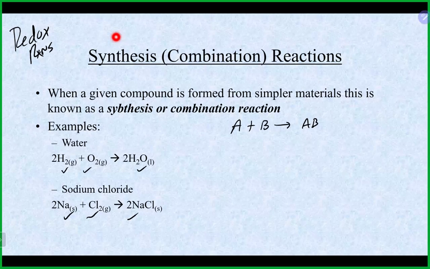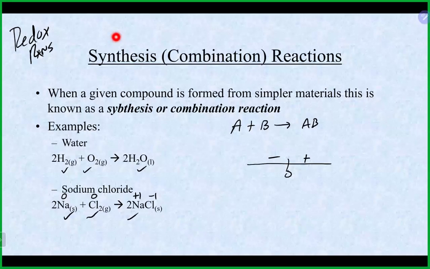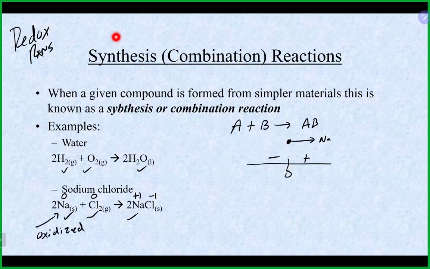So if you take a look at the sodium here, 0, right? The chlorine, 0, and then +1, -1, like we looked at earlier. Again, the sodium starts at 0, ends at +1, becoming more positive, being oxidized. The chlorine starts at 0, becoming -1 on the other side, becoming reduced.